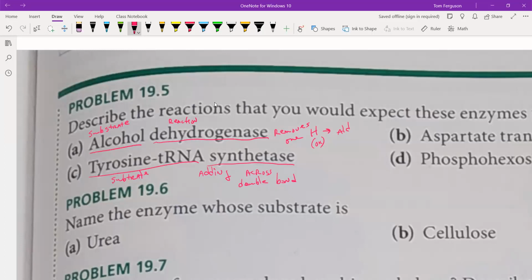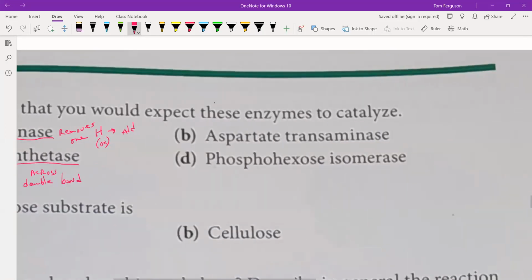And we're just going to break up that tRNA. Okay. Substrate. Transaminase.